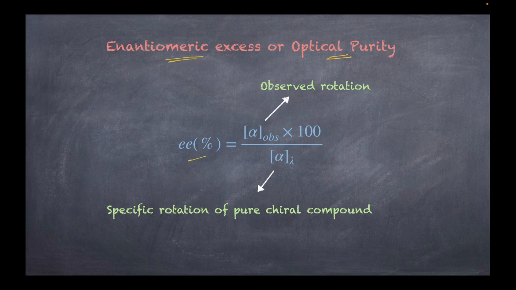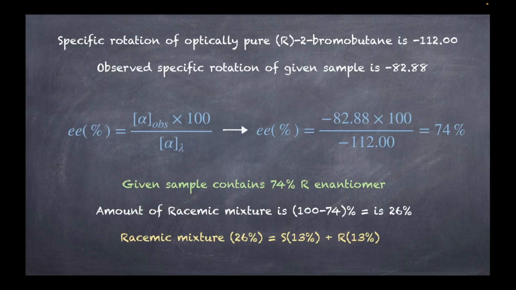The enantiomeric excess is the ratio of the observed rotation and the specific rotation of the pure chiral compound. So this is the expression to calculate the enantiomeric excess or optical purity of our sample.